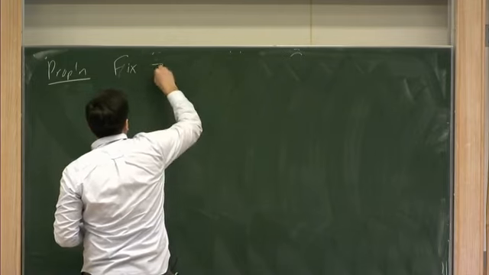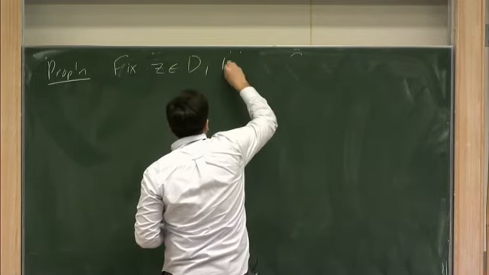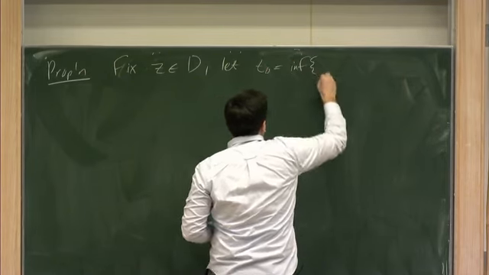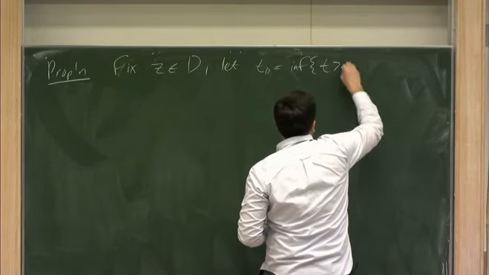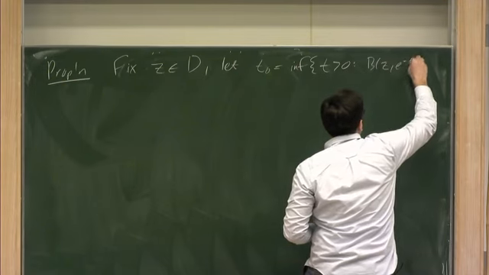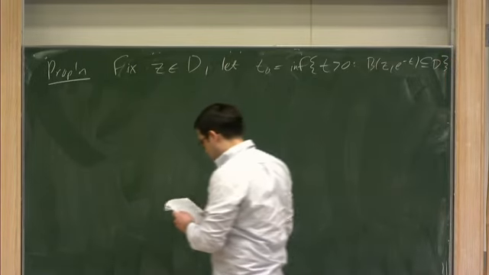if you fix a point z in your domain and you let t sub 0 be the smallest t such that the ball centered at z of radius e to the minus t is contained in your domain.